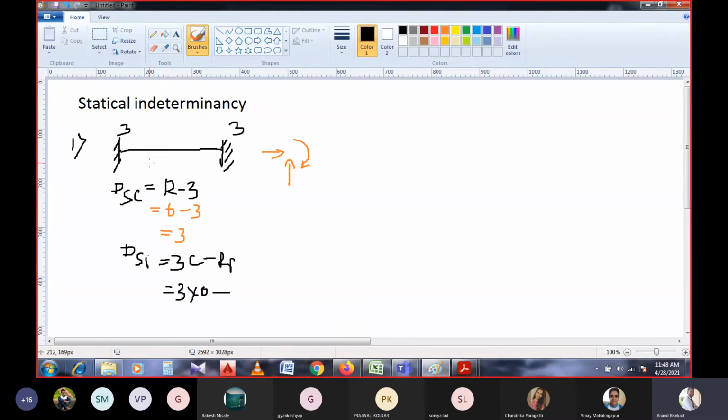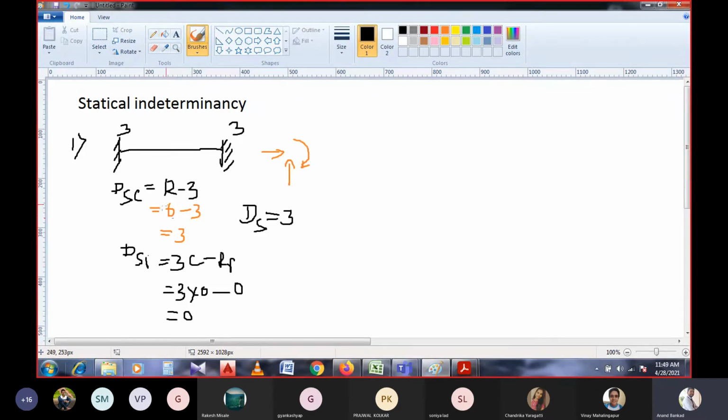Is there any released reaction? Released reactions exist only when there is an internal hinge. If there is no internal hinge, then RR is also 0. That means the beam is internally determinate, 0. So the total degree of statical indeterminacy will be 3 for this type of beam.